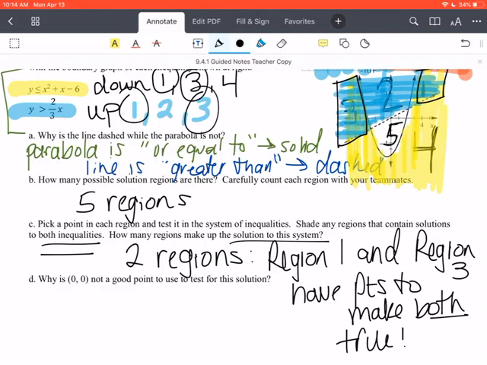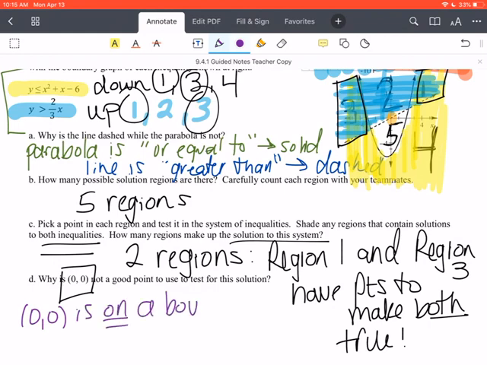So, why in this problem is 0, 0 not a good point to use for the system? Well, let's find where 0, 0 is. Okay, 0, 0 is right here in orange. And we notice that 0, 0 is on a boundary.